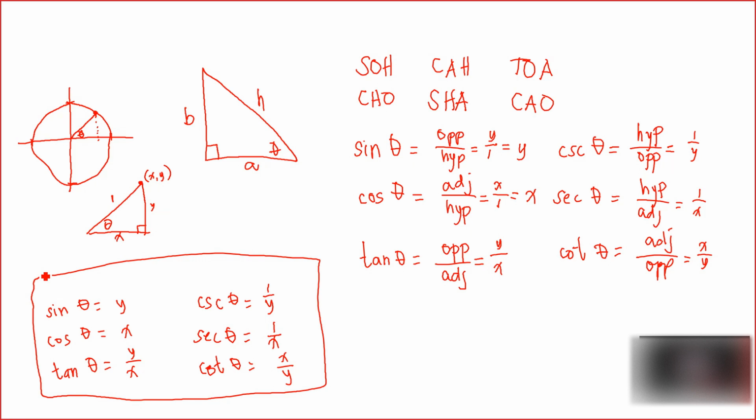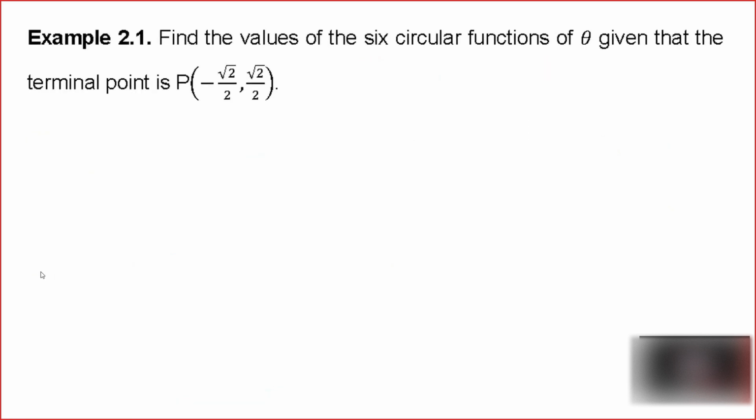Okay, so let's have an example. Find the values of the six circular functions of theta given that the terminal point P has the coordinates negative square root of 2 over 2, square root of 2 over 2.